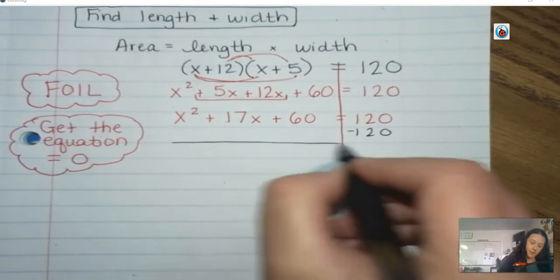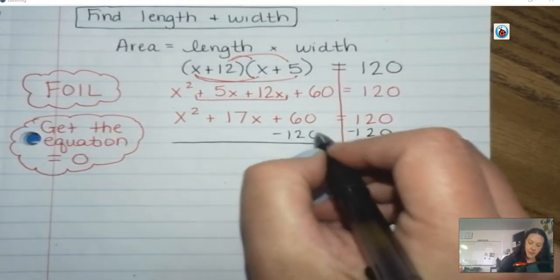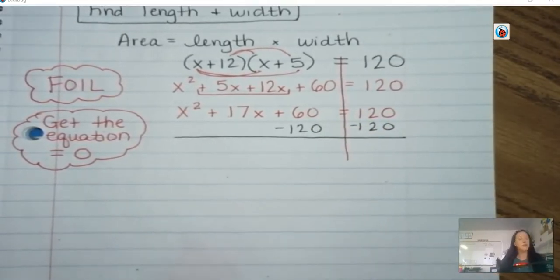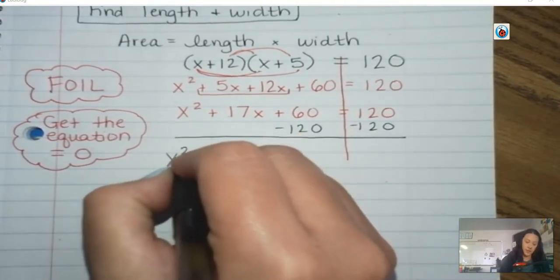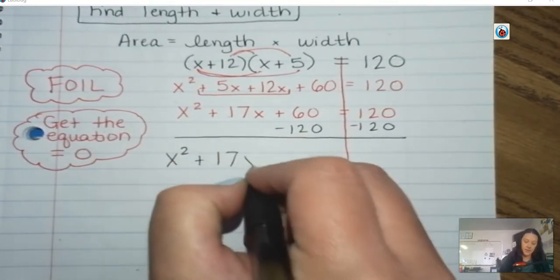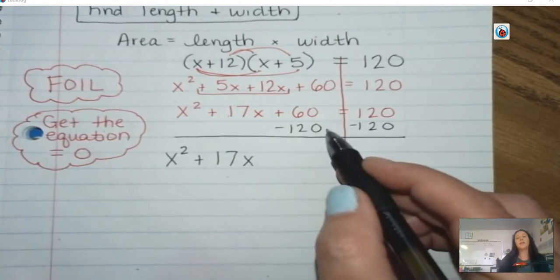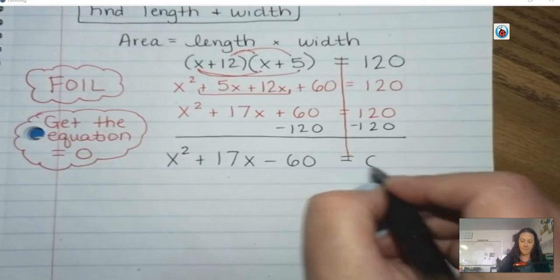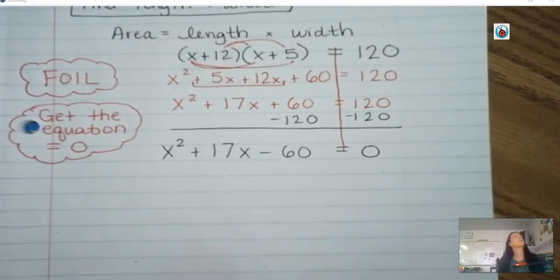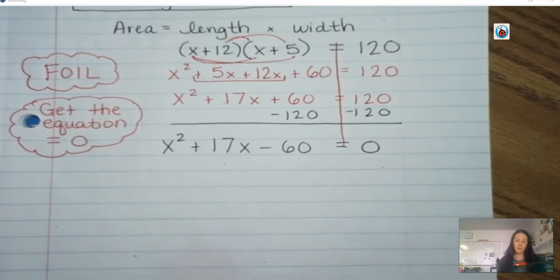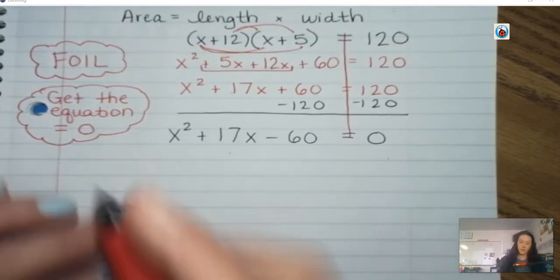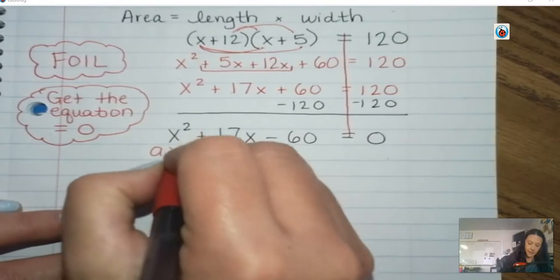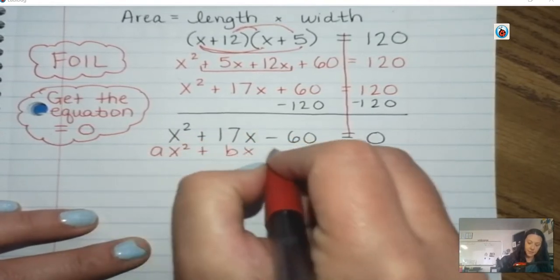If I subtract it from one side, I subtract it from the other side. So my equation is x squared plus 17x, 60 take away 120 is negative 60. So now it's in standard form, ax squared plus bx plus c format.